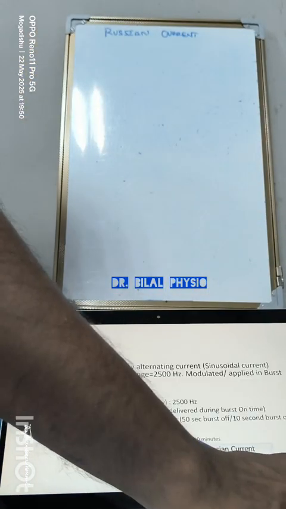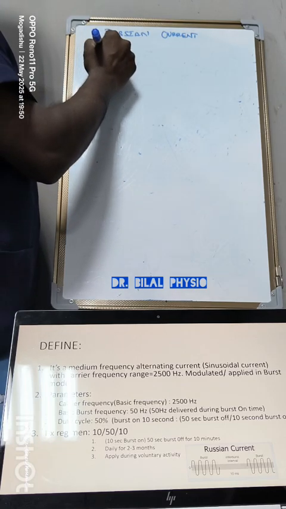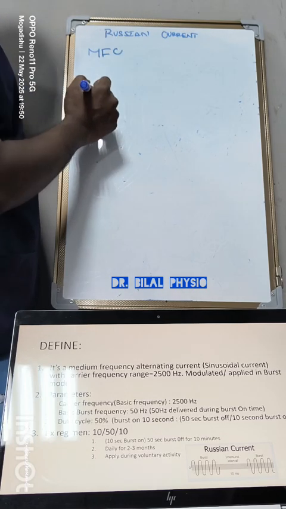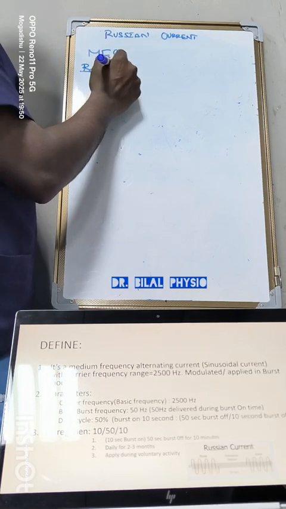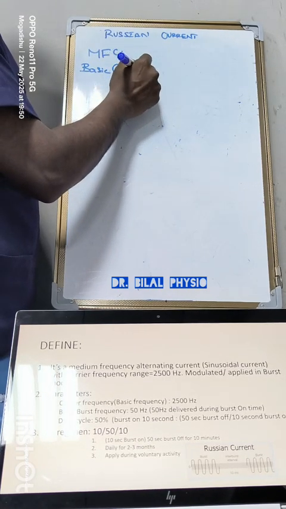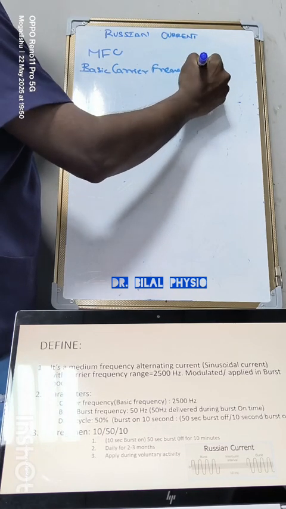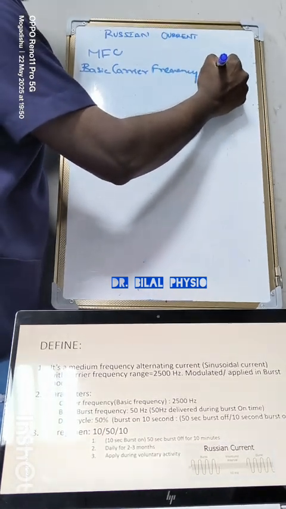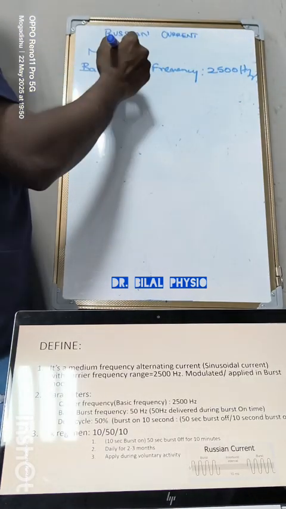So the Russian current is a medium frequency current with a basic carrier frequency of 2500 Hz.